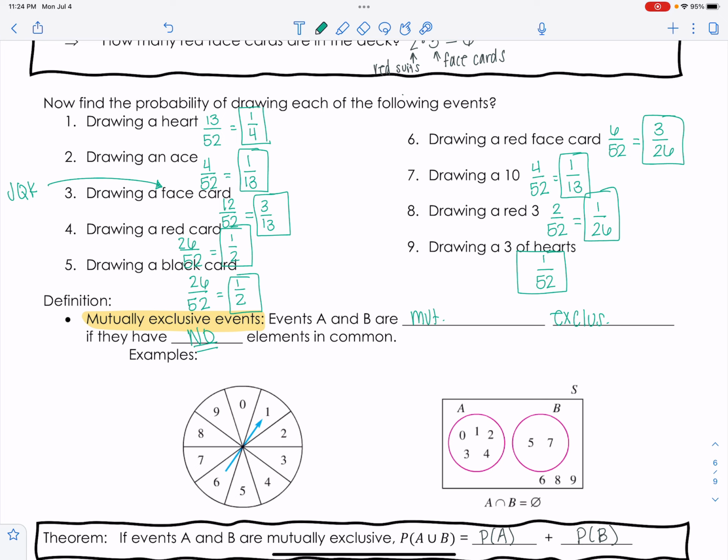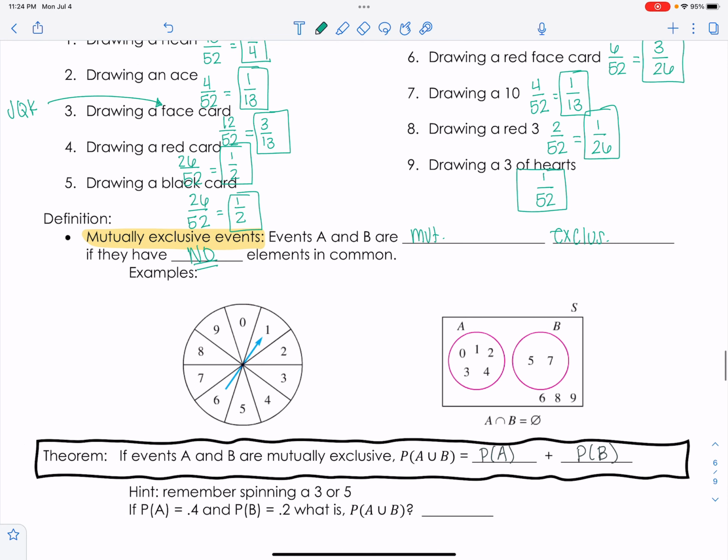Mutually exclusive would be like rolling a die. You can't get a 2 and a 6 at the same time. So those events would be mutually exclusive. Also, spinning a spinner, which we see on the left, the same one from the beginning of the notes. So if events A and B are mutually exclusive, then you can find the probability by adding those two together.